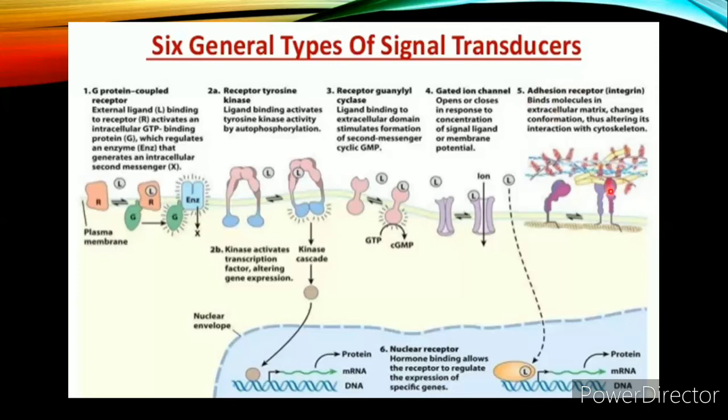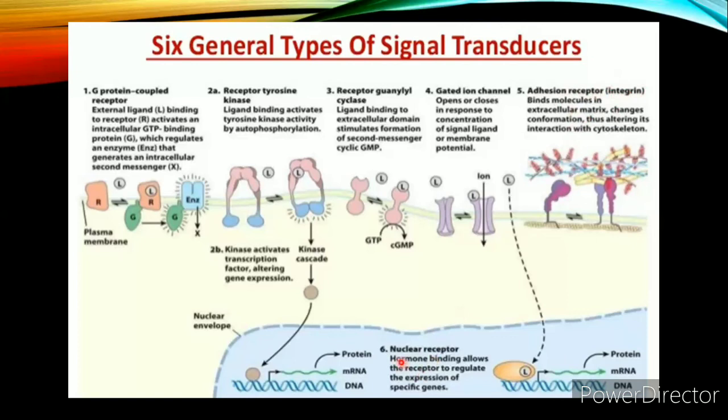It binds a molecule in the extracellular matrix and changes conformation, thus altering its interaction with the cytoskeleton and carrying the information for cell migration or adherence to the matrix. The example of this adhesion receptor is integrin. This is about the mechanism and example of the adhesion receptor.